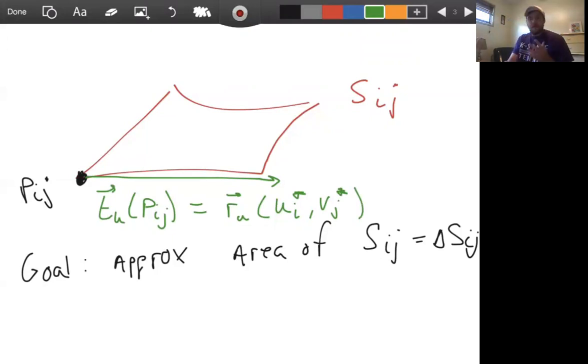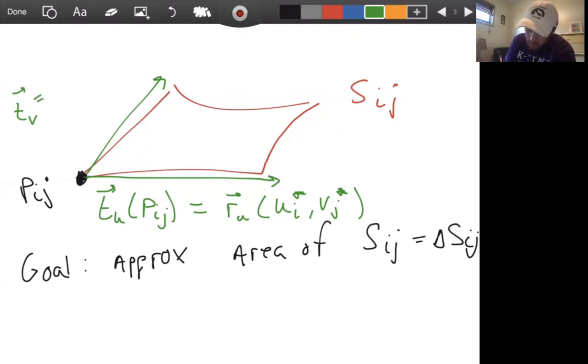Then we can also think about how the surface is changing with respect to the parameter v. And so we have another tangent vector, tv, which is, again, how the surface is changing in the v direction.